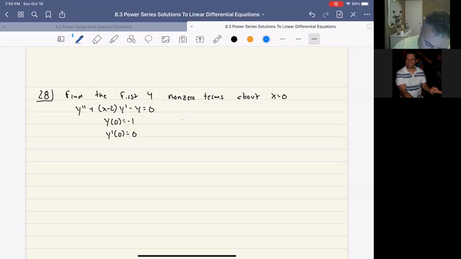So our assumption, y equals the sum, n goes from 0 to infinity, a sub n, x to the n.